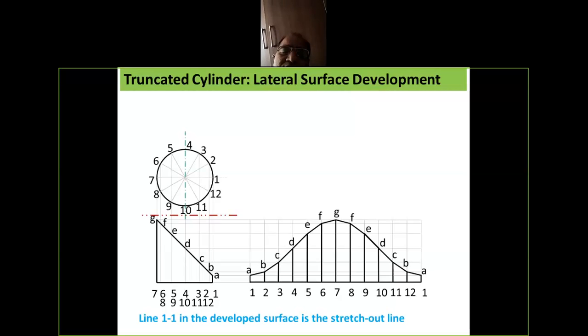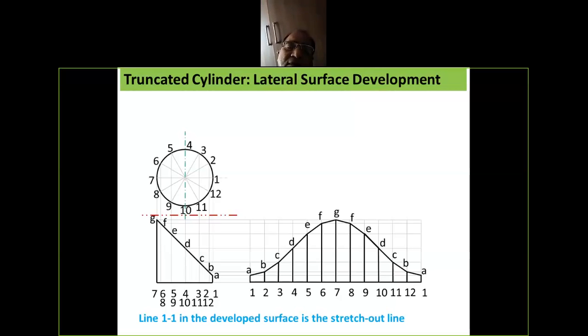So each part, 1, 2, 3, is equal to 2 mm. Whatever the measurements may be, you can divide this length into 12 equal parts, and all the divisions will be equal.